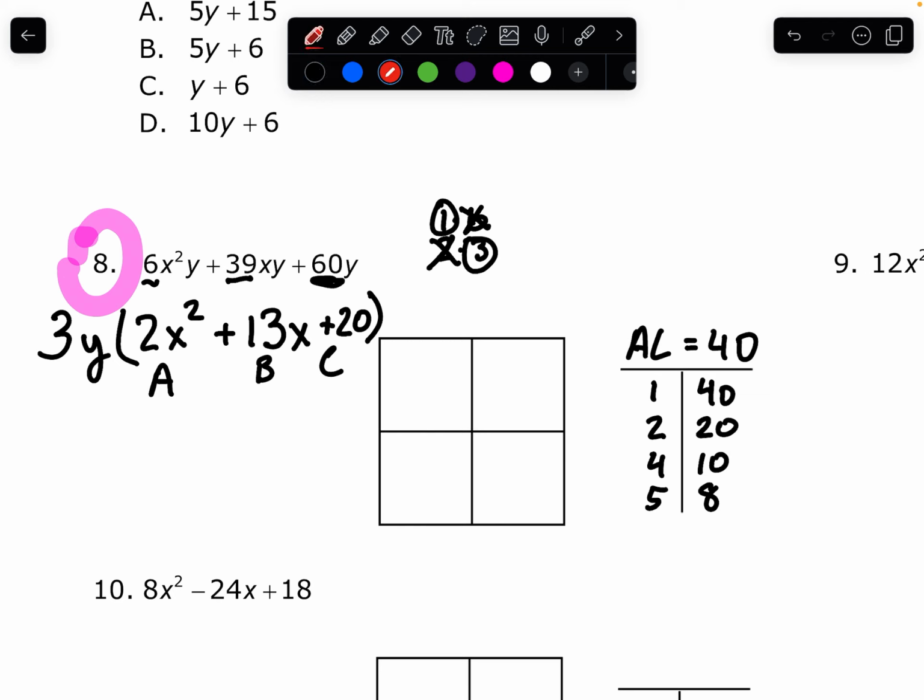They're both positive, so your b is positive 13. 1 plus 40 is 41, 2 plus 20 is 22, 4 plus 10 is 14, and then 5 plus 8 is 13.